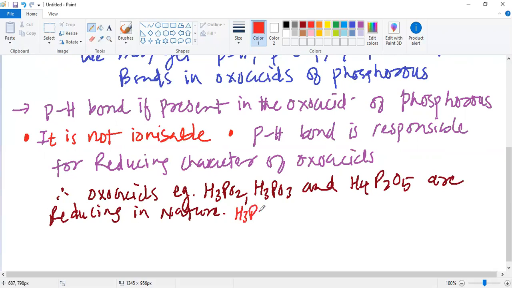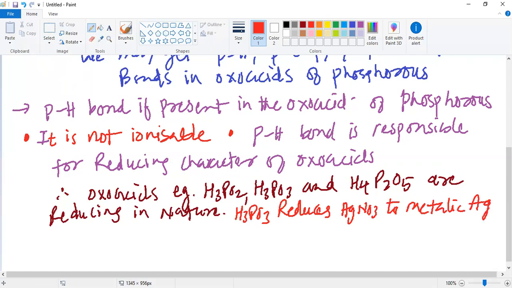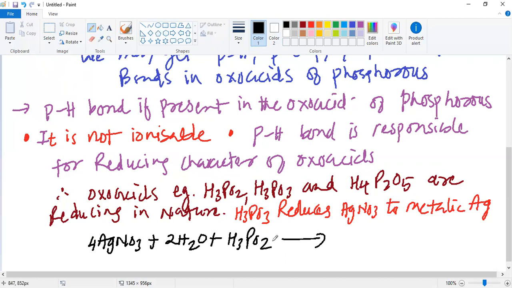H3PO2 reduces AgNO3 to metallic Ag. So let us write the chemical equation for this. We can have 4AgNO3 and 2H2O, and then we have H3PO2.